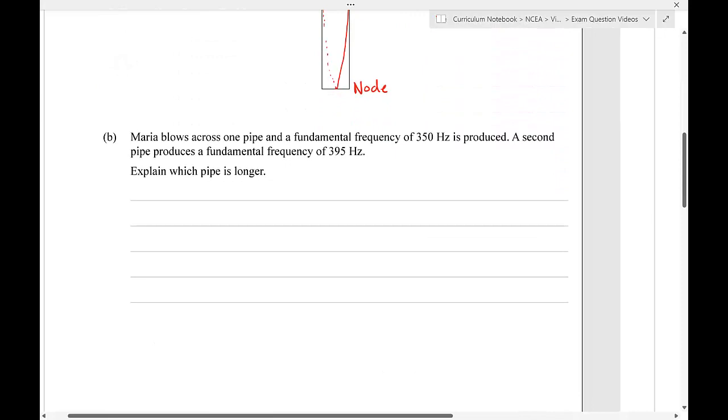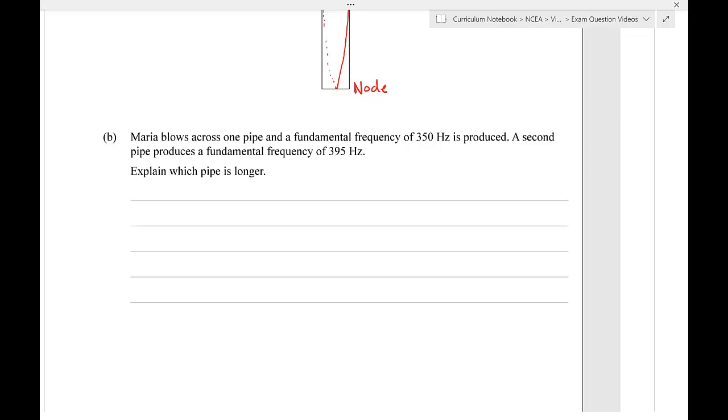Maria then blows across one pipe, and a fundamental frequency of 350 Hz is produced, and a second pipe produces a fundamental frequency of 395 Hz. So 350 and 395. Explain which pipe is longer.